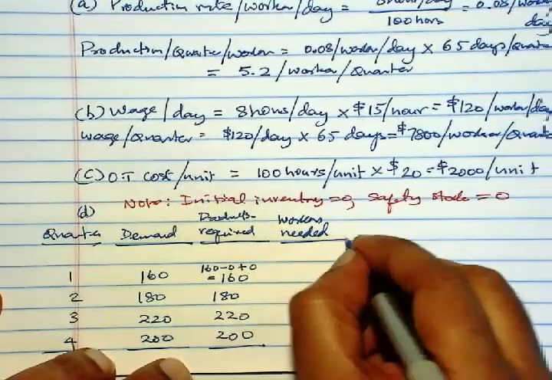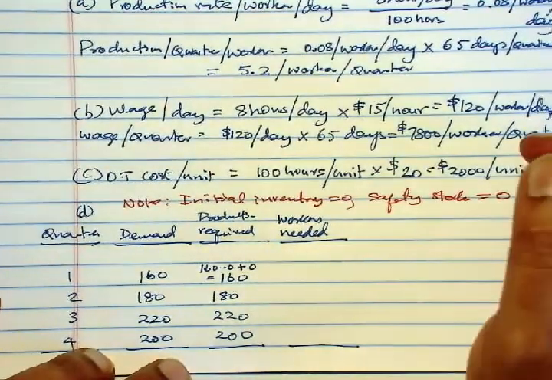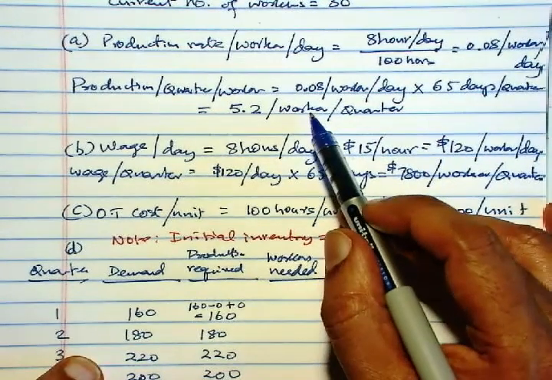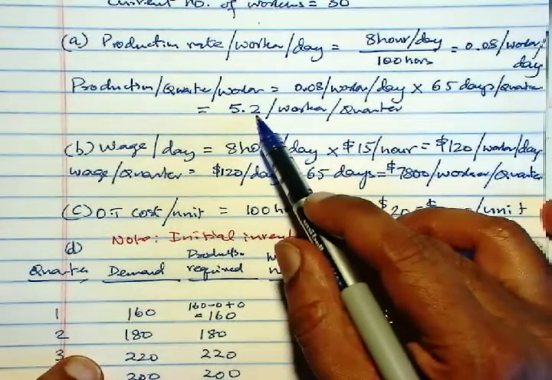So next is workers needed. We know each worker will produce 5.2 units per worker per quarter.